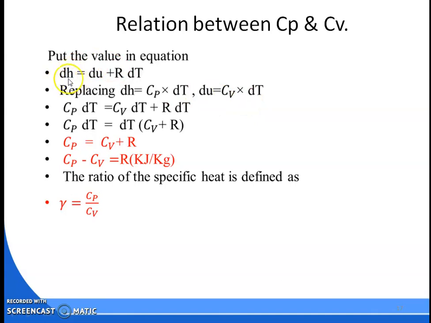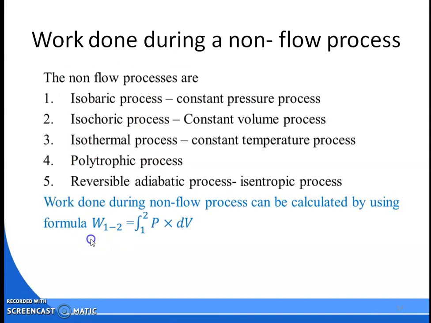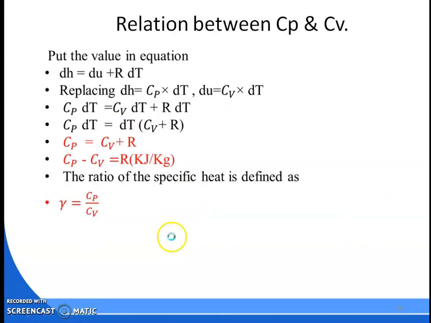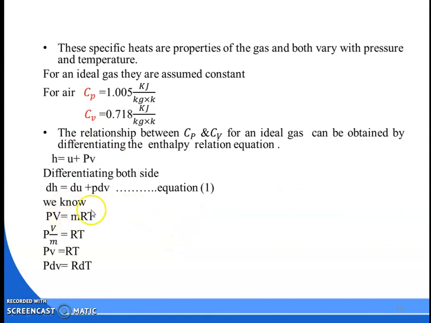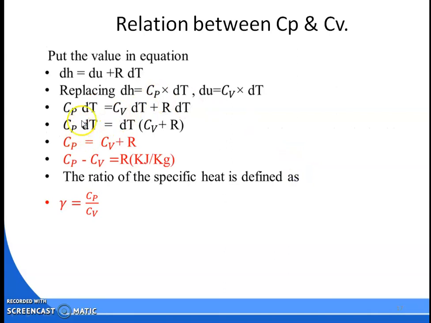So in place of dh, we can write Cp dT, and in place of du, Cv dT plus R dT. Where do we get the R dT? We get R dT from differentiating PV is equal to mRT, the characteristic gas equation. So Cp dT is equal to Cv dT plus R dT; here dT, here also dT, so we take dT common.